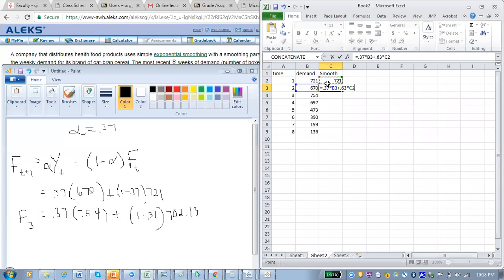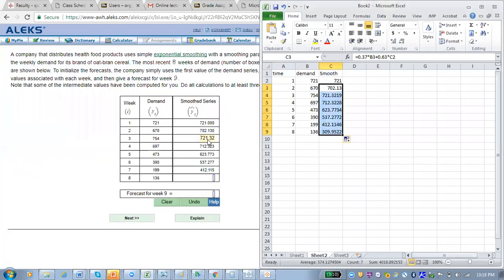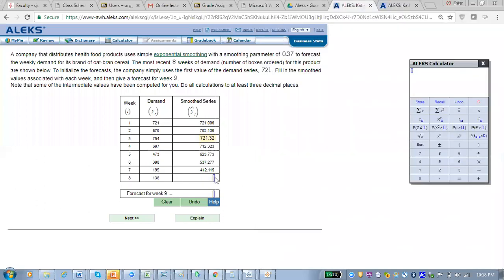So I'm taking the 670 from here and the 721 from here. That's my 702.13. If I did my calculation right, then not only do I get my 721.32, but it will fill in the rest of these numbers, and that's how you know that you did it right, in which case you can put your other numbers here as well.